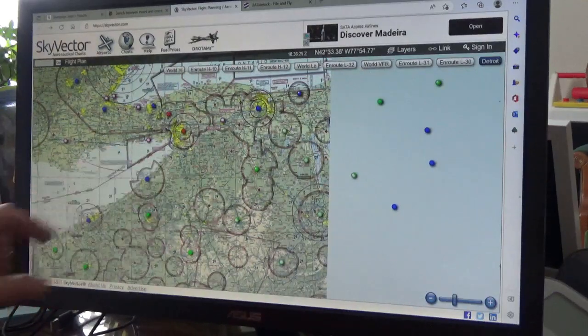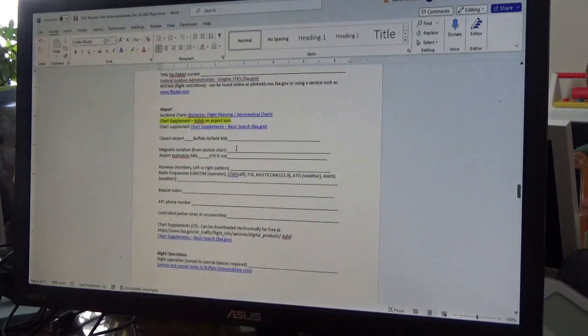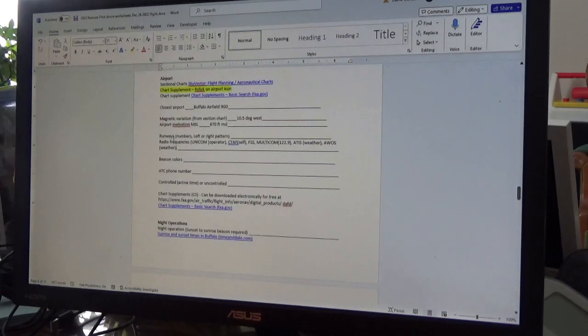We're up here, so like 10.5 degrees west.